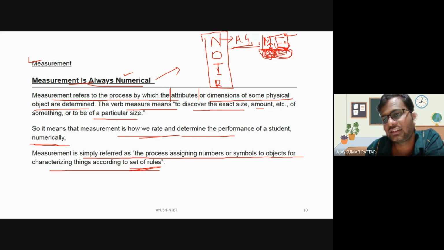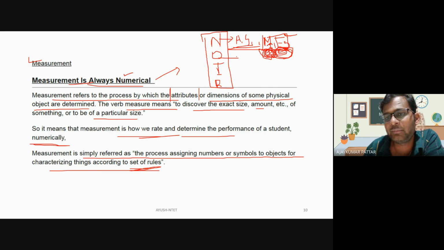If yes, say so; if not, I will explain in another way. So what does nominal scale mean? Here simply the name will be there.